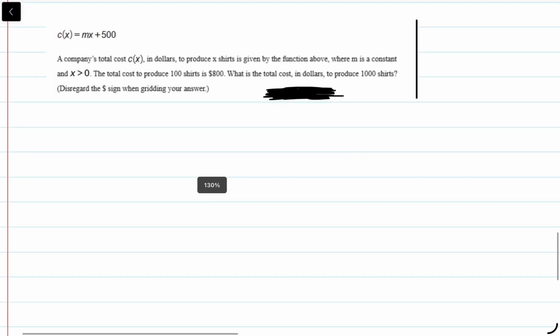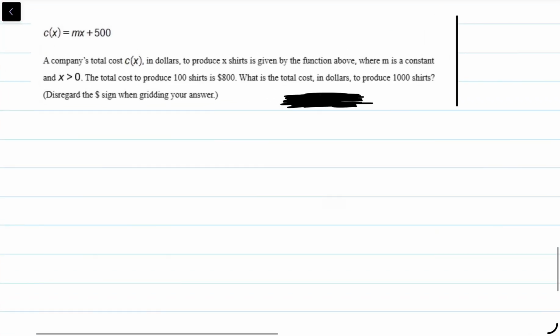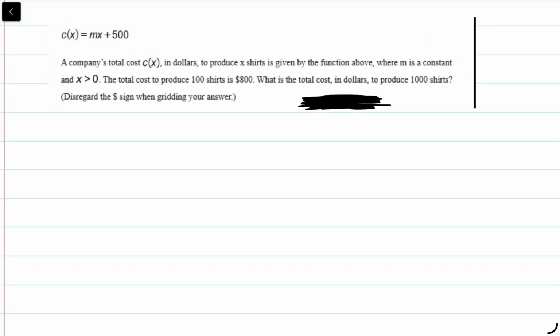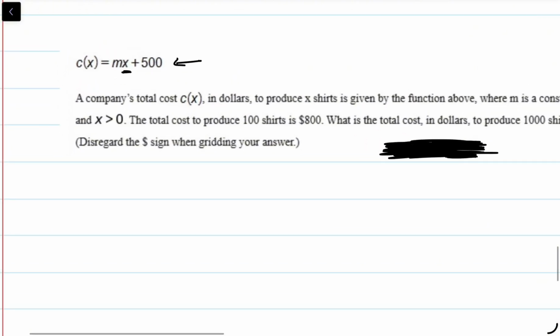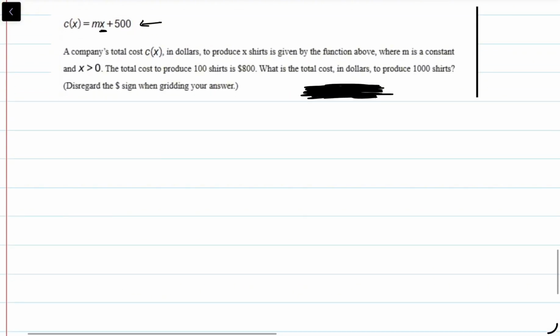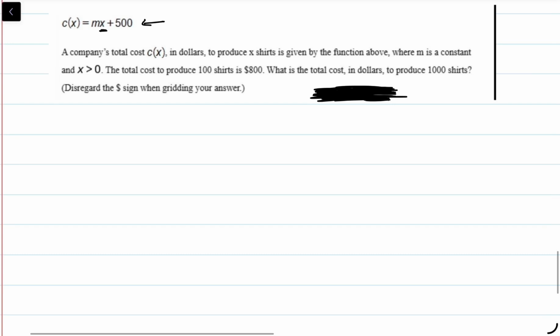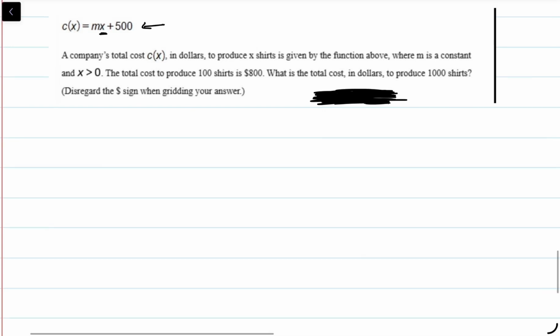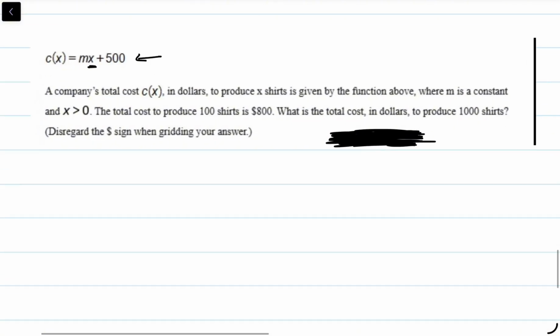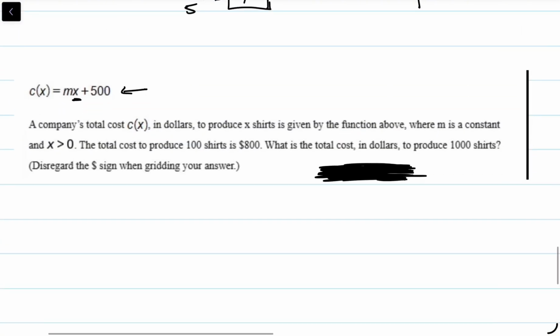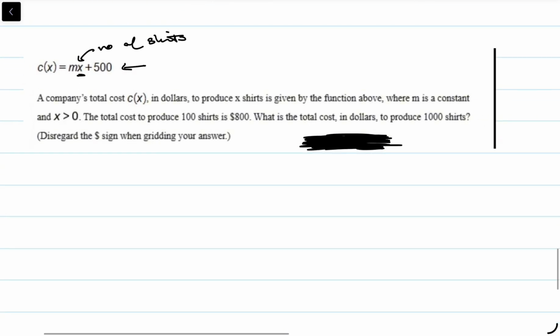Okay, next question. This is a linear equation, as we can see, because the highest power of x is 1. A company's total cost, C of x, in dollars to produce x shirts is given by the function above. So x is the number of shirts. Just label what your things are showing.